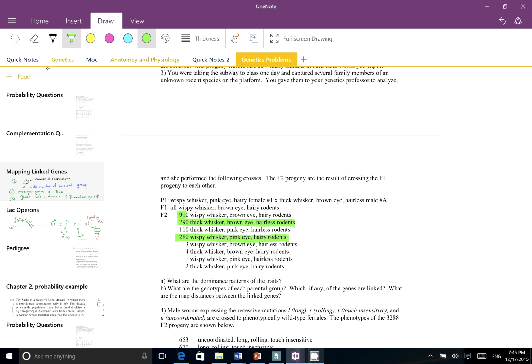Don't let it scare you. It doesn't really matter that it's a huge number. Actually, you have 4 parental groups. Usually the parental group numbers are close to each other, but in this case you have the 9 to 3 to 3 to 1 ratio, so it confirms that you're working with 2 chromosomes. So you know that those 4 are your parental groups.